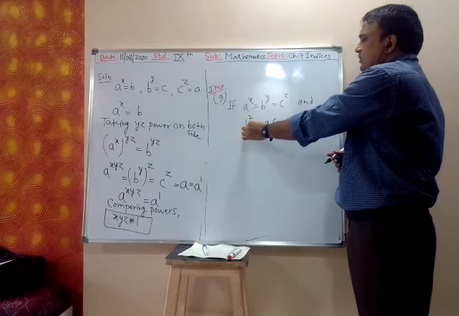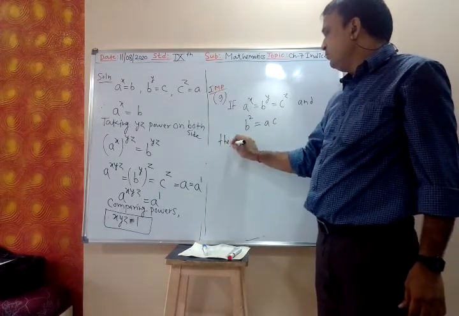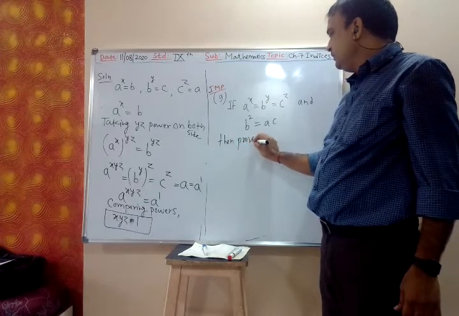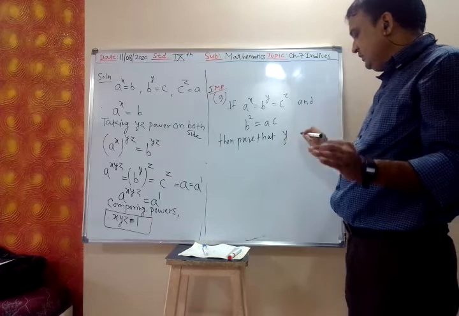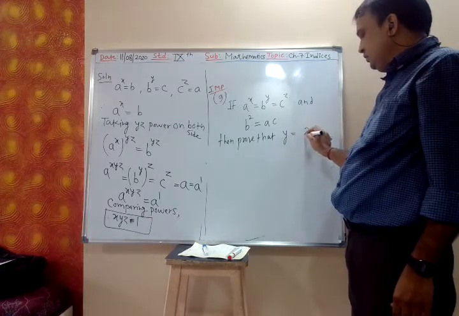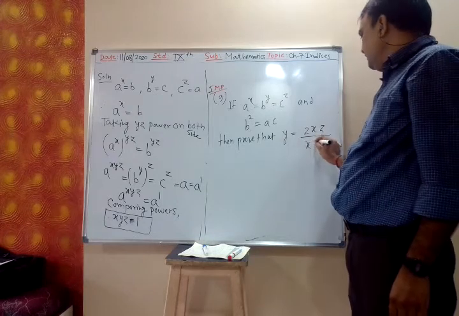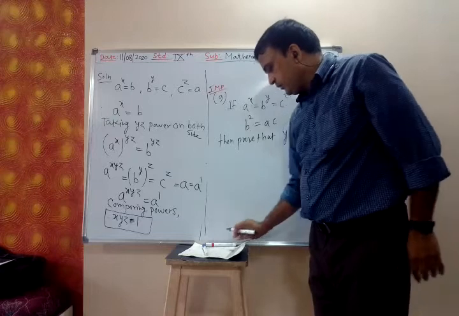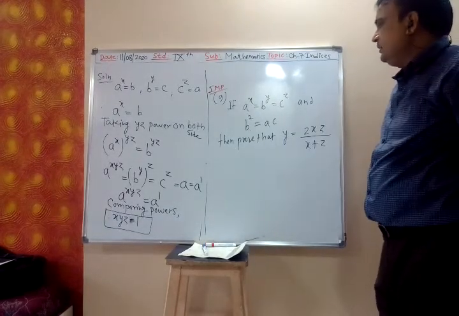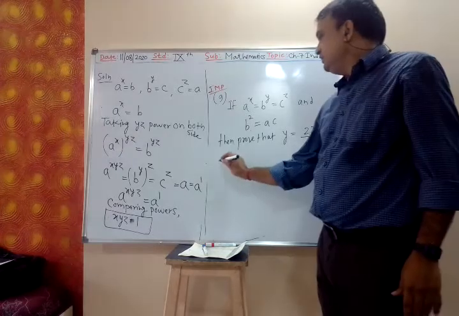And second, b square is ac. Then prove that y is 2xz upon x plus z. It is slightly different. So let us solve this.